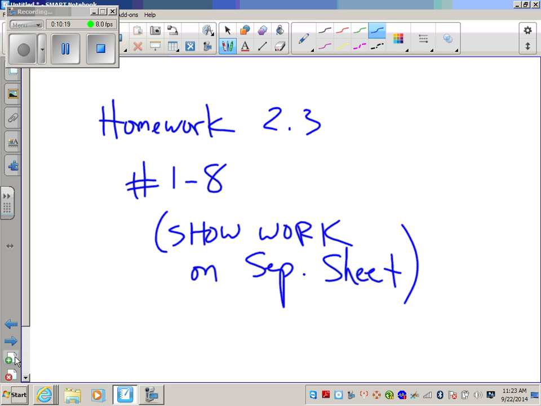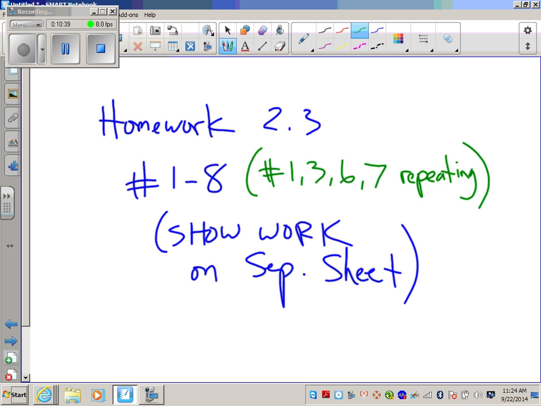And you'll probably like to know that 1, 3, 6, and 7 are repeating. Okay? 1, 3, 6, and 7 are going to be repeating decimals for you.